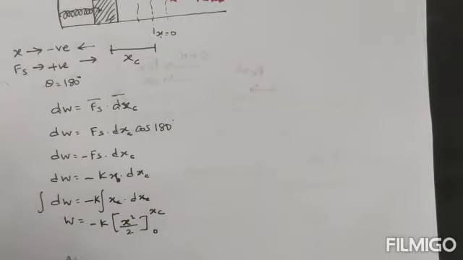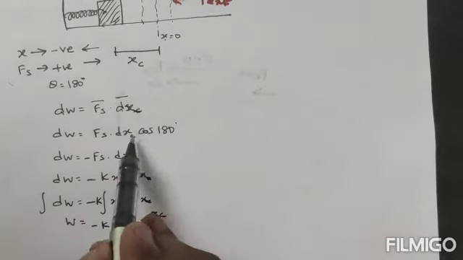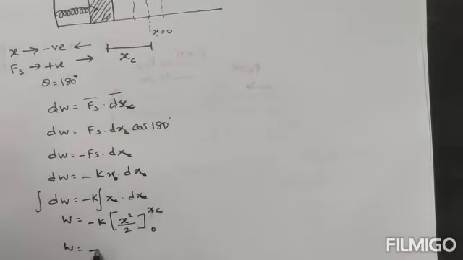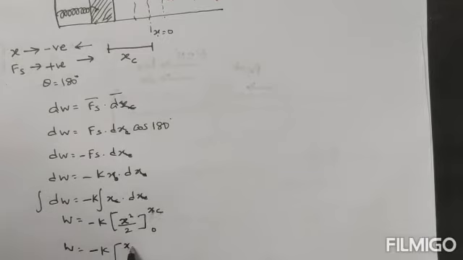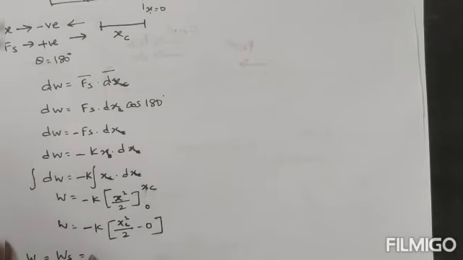Applying the limit values, work done is equal to minus k into xc squared divided by 2 minus 0 squared divided by 2, that is 0. Therefore the work done by the spring force is minus half k xc squared.